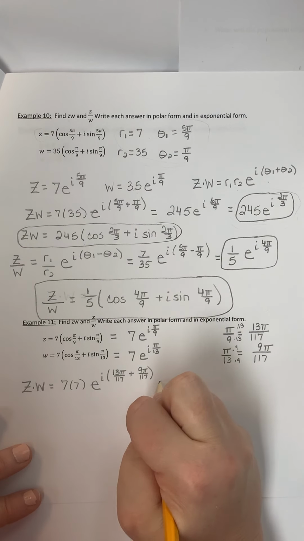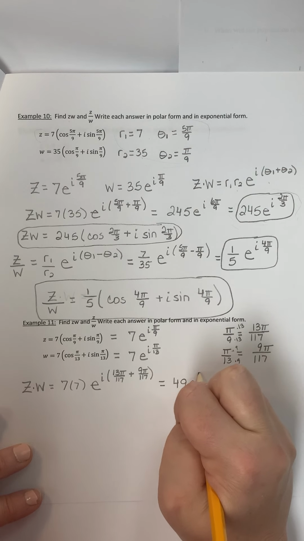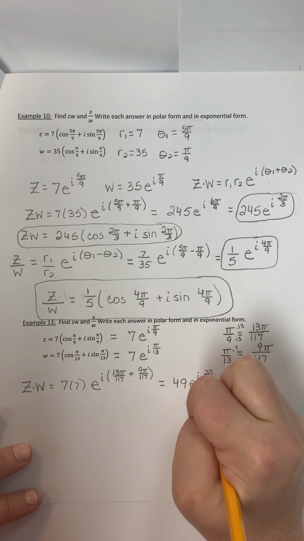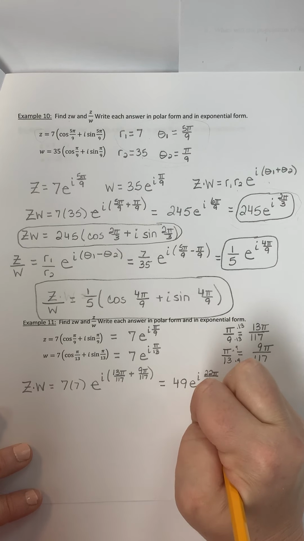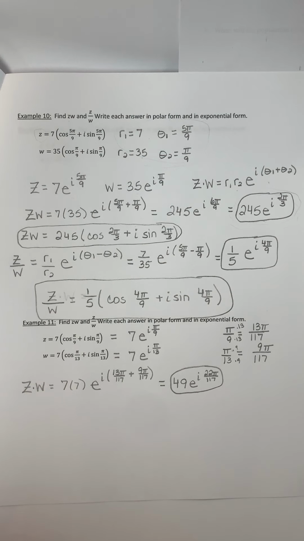If I clean this up a little bit, I get 49 e to the i, and that becomes 22 pi over 117. That is a very strange answer, but it's right.